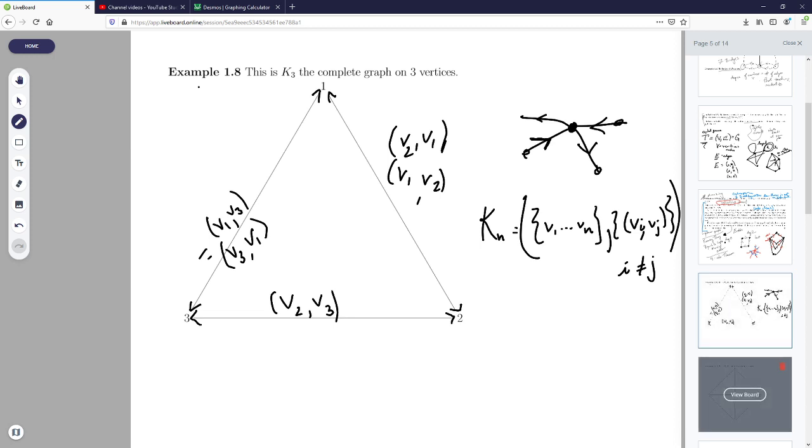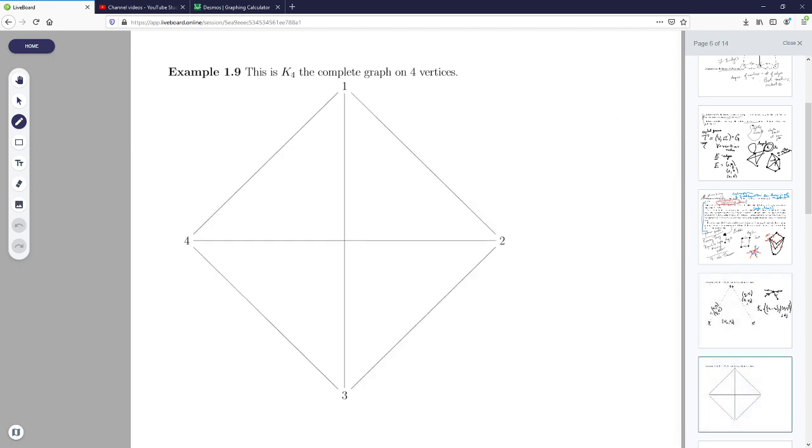All right, let's look at K4. Here's K4. So K4 is pretty cool. The edge set contains Vi, which goes to Vj, for every pair.